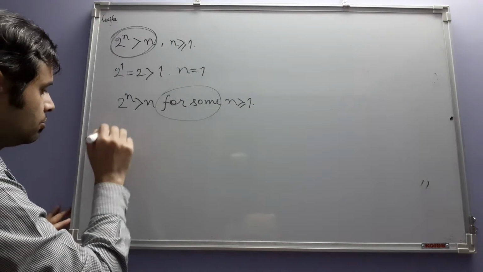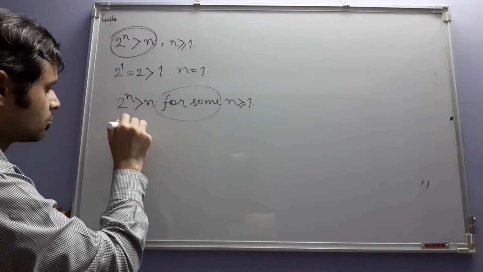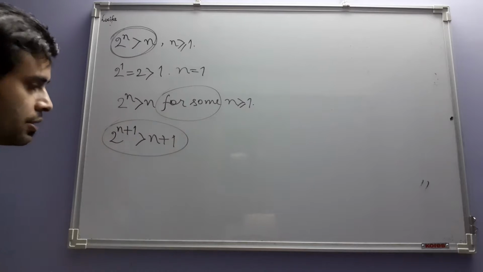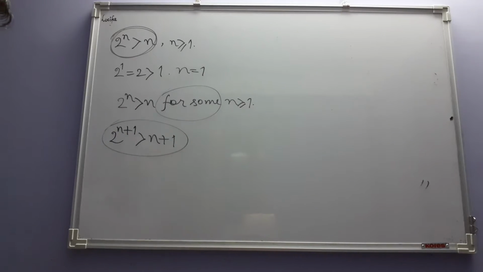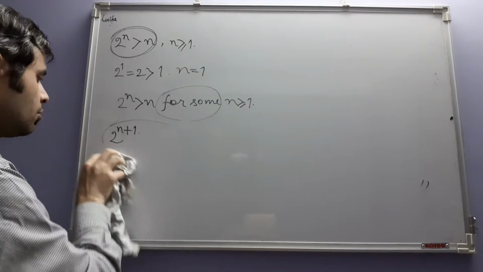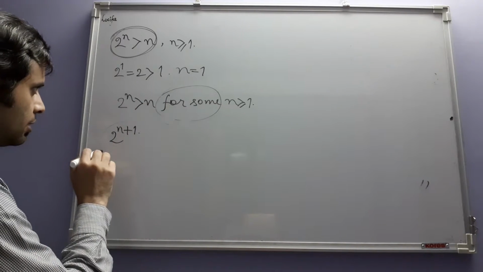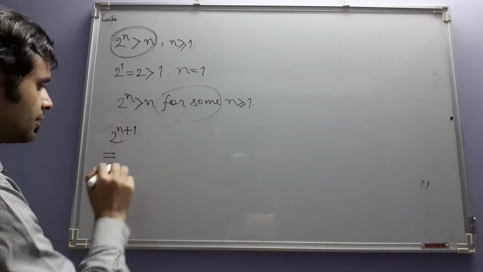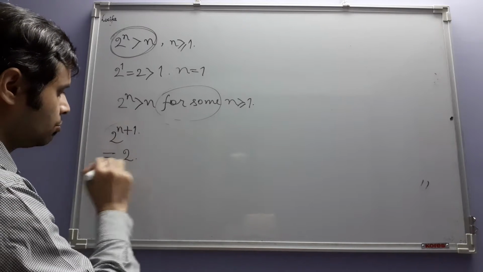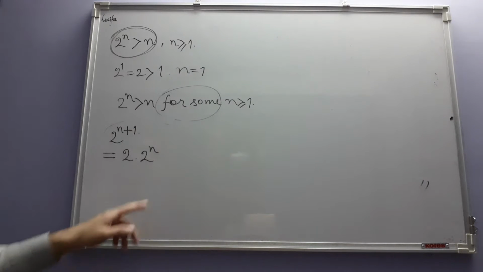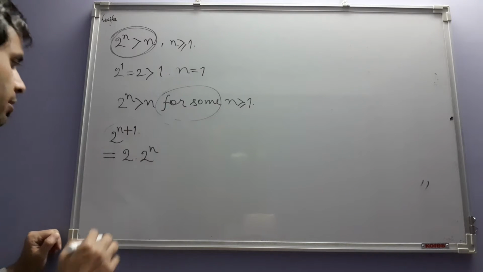We then try to show this, okay? We have to show this. So we start from 2 to the power n plus 1. How can we write this? We can write this as 2 times 2 to the power n.